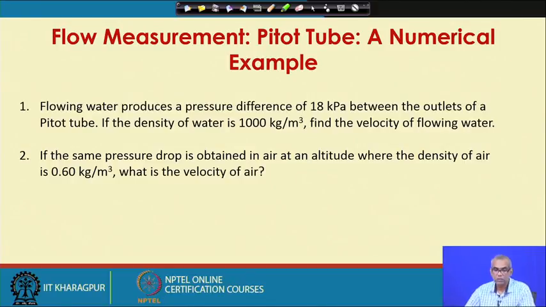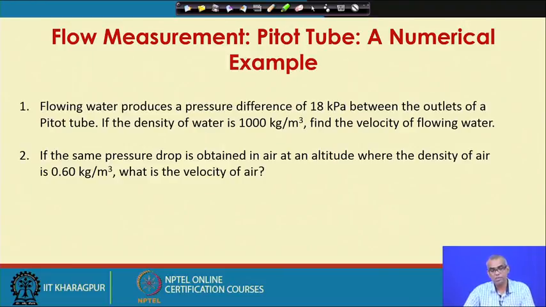Now, let us take a numerical example on Pitot tube. Let us say water is flowing and I am using a Pitot tube to measure the velocity of the flowing water.